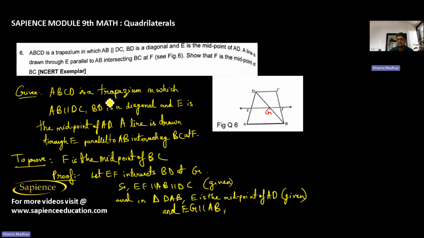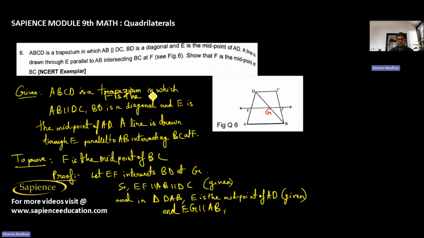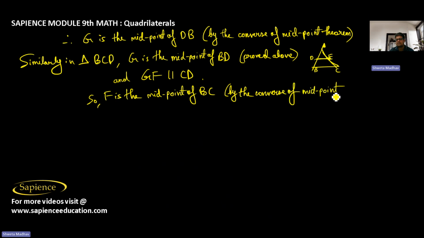So we can say that F is the midpoint of BC, by using the converse of the midpoint theorem. Hence proved.